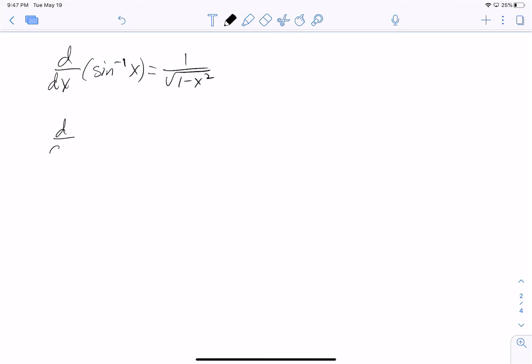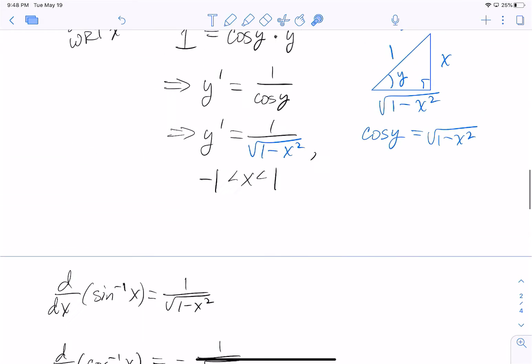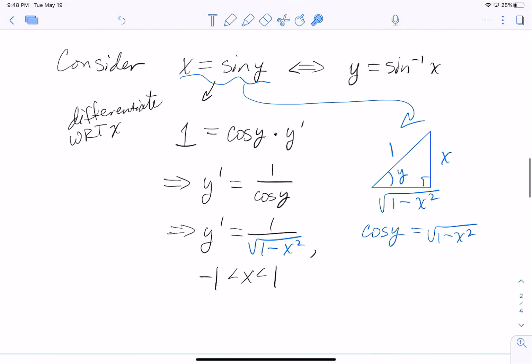Using a similar process, we can say that the derivative with respect to x of the inverse cosine of x is equal to the negative of 1 over the square root of 1 minus x squared. The negative would come about because at some point we would be differentiating the cosine function, and the derivative of the cosine is the negative sine.